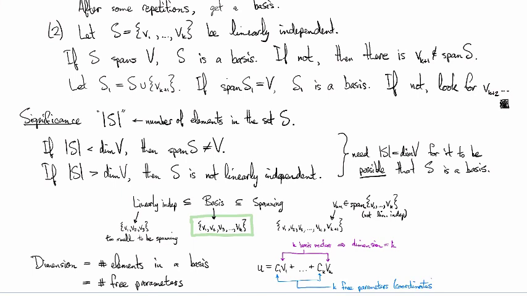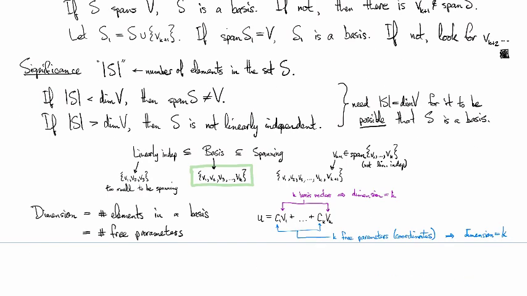In other words, in order to specify where u is in this vector space, I have to tell you k pieces of information. Its first coordinate, second coordinate, third coordinate, etc., up to kth coordinate in terms of this basis. And both of those are equivalent ways of understanding that the dimension has to be equal to k.